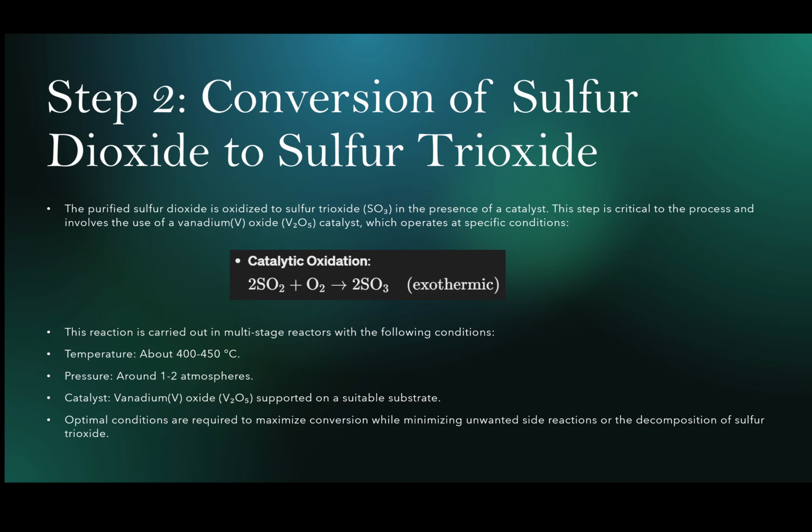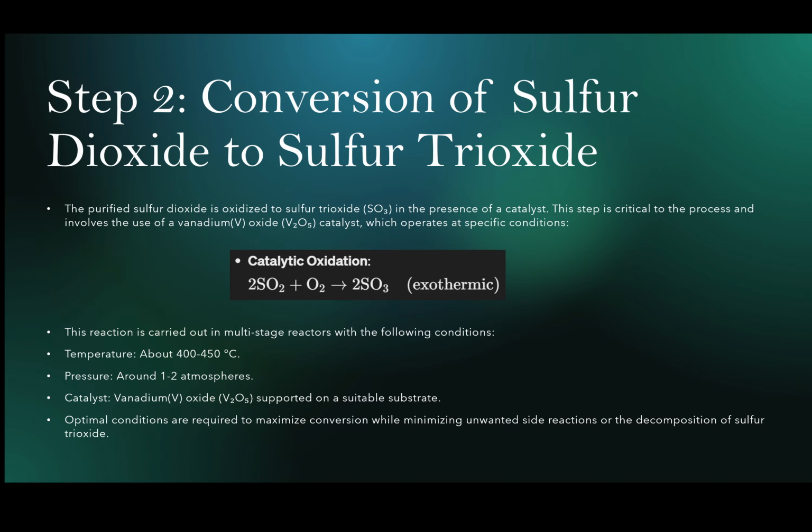It is using a vanadium 5 oxide catalyst, which operates at special conditions. So for the conversion of sulfur dioxide to sulfur trioxide, you need about 400 to 450 degrees Celsius, 1 to 2 atmospheres, and a vanadium 5 oxide catalyst.